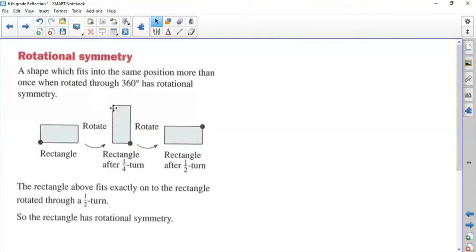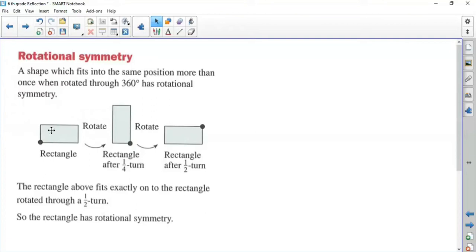Another concept that we are going to talk about is rotational symmetry. What is rotational symmetry? A shape which fits into the same position more than once when rotated through 360 degrees has rotational symmetry.